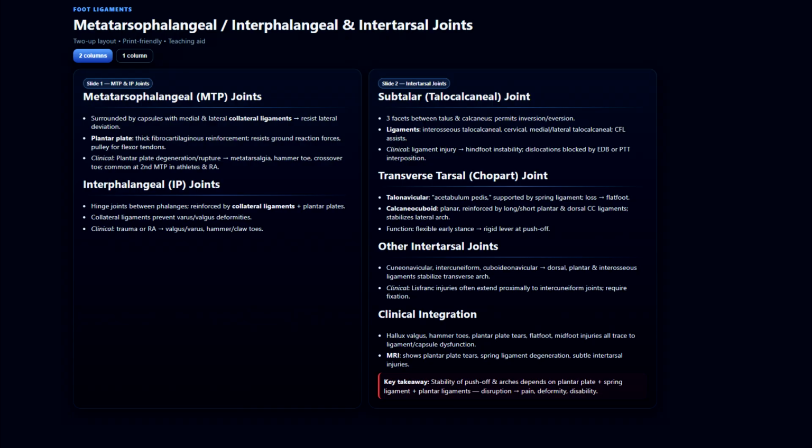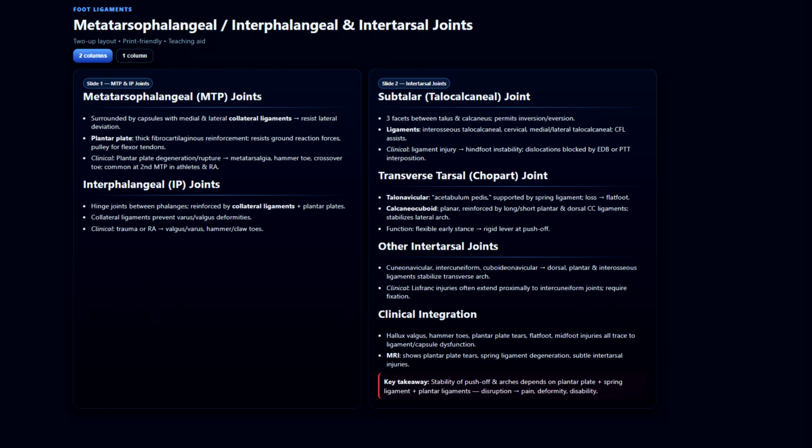Clinically, injury to these ligaments, especially the interosseous talocalcaneal ligament, is a common cause of chronic hindfoot instability. And during subtarsal dislocations, reduction can be blocked by interposition of the extensor digitorum brevis muscle or even the posterior tibial tendon.